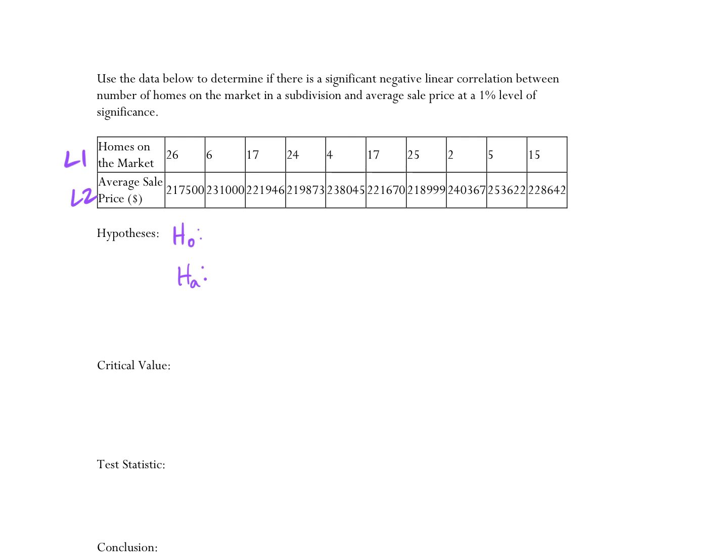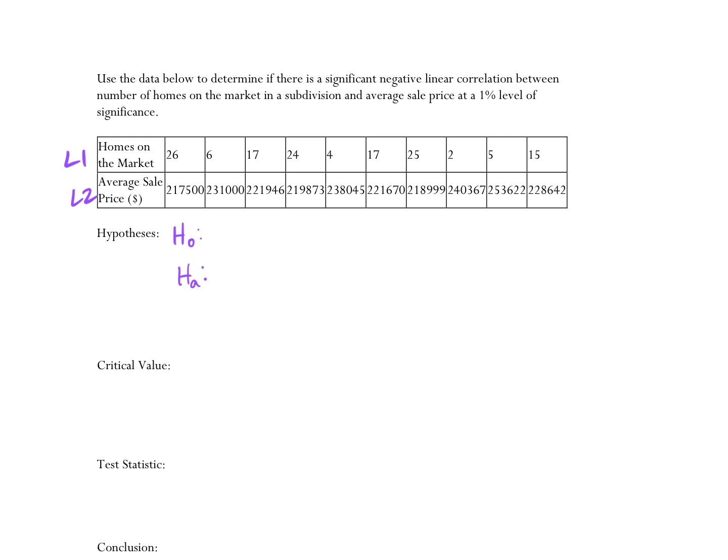So as the number of homes on the market is going up, the prices are getting lower. Is everybody with me? So we might expect to see a negative relationship. And in fact, if I bring up this scatter plot, it does look like a negative relationship, yeah? Is everybody okay? All right.